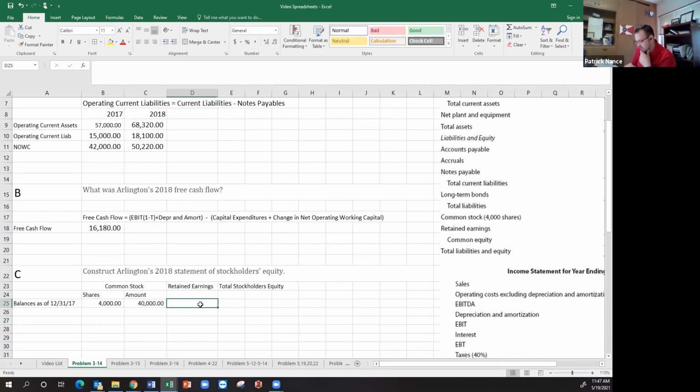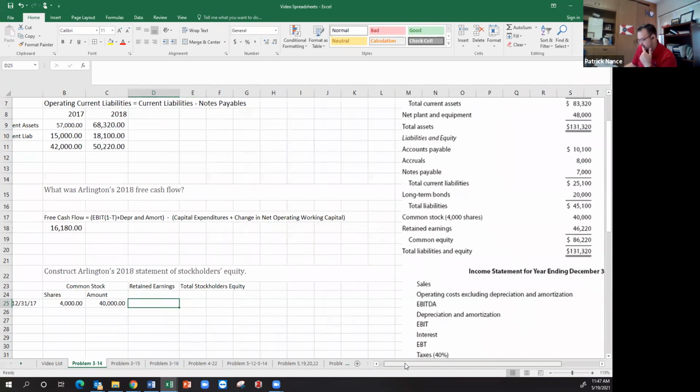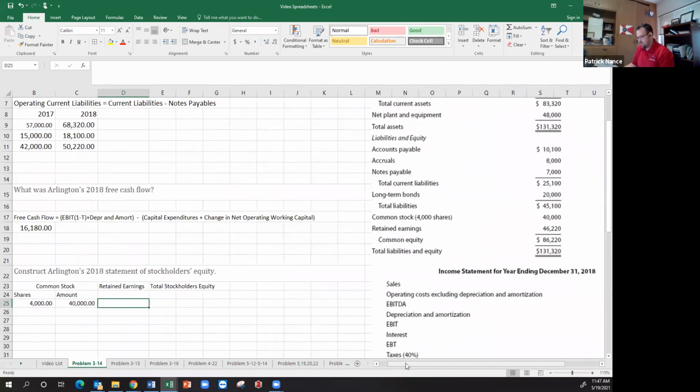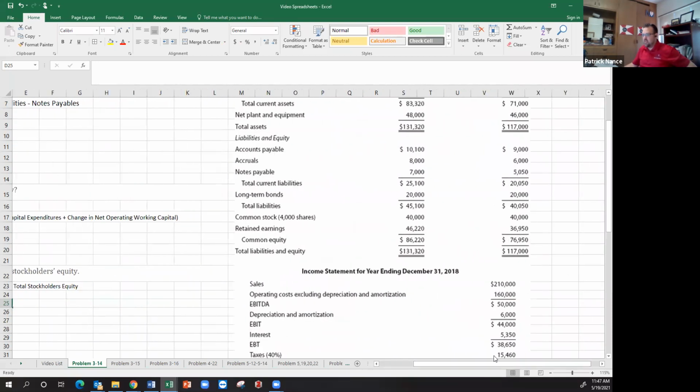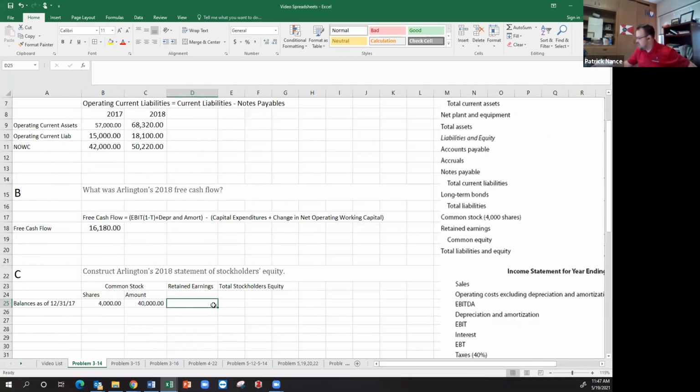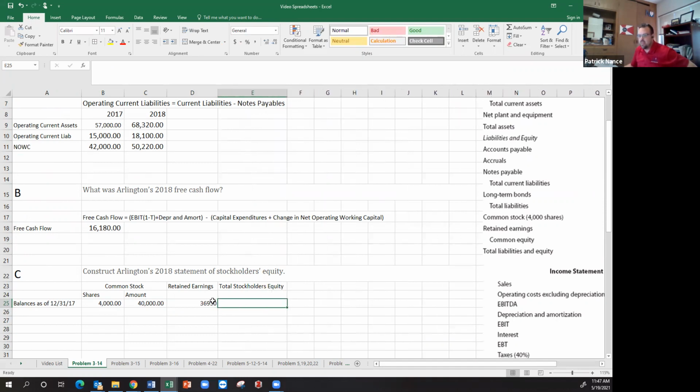And then my retained earnings, what's my retained earnings at the beginning of the year? 36,950. Which means my total stockholders' equity, I can just add those two together. So my total stockholders' equity is 76,950.